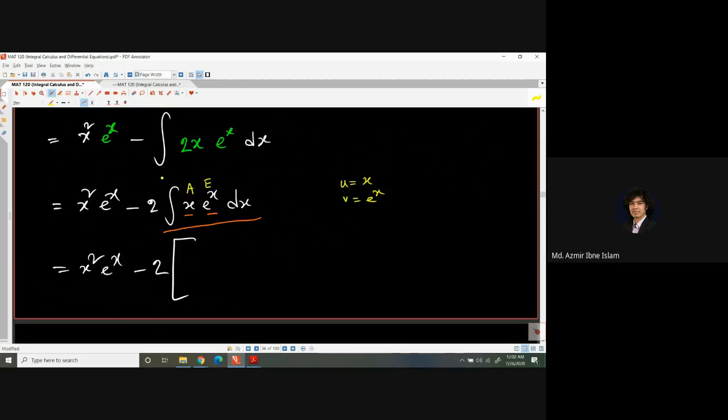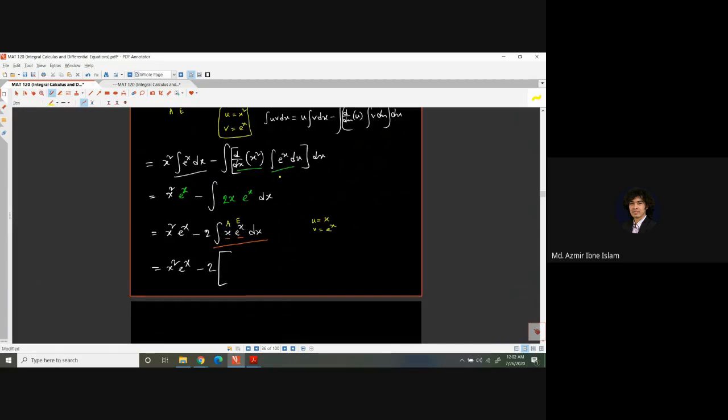So integration by parts means u integration of v, negative differentiation of u integration of v, and we are using a square bracket just to separate that we are integrating this part only, and before we have the constant 2.